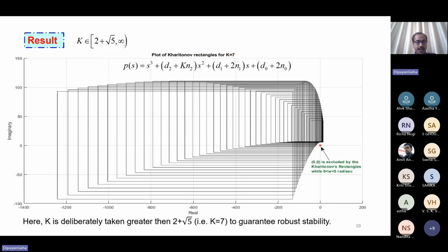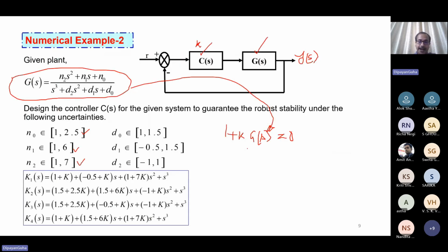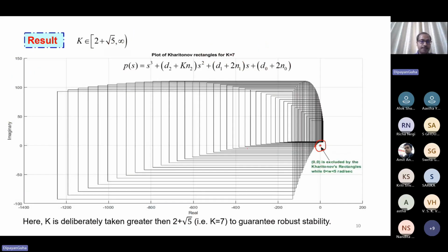For this range of K, if I solve the interval polynomial on the MATLAB platform, it is seen that the origin is excluded by the Kharitonov rectangles, which demonstrates that the system is robustly stable for this given uncertainty band if the gain of the controller is chosen following these stability conditions.